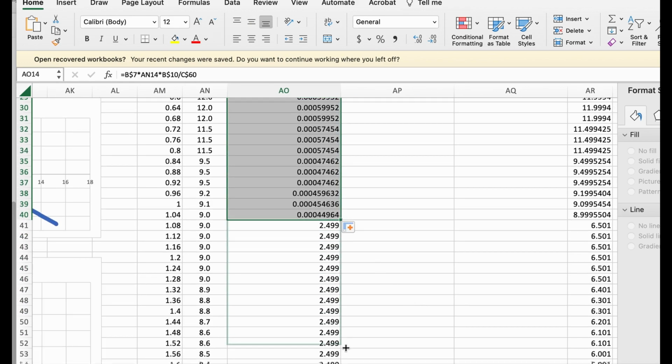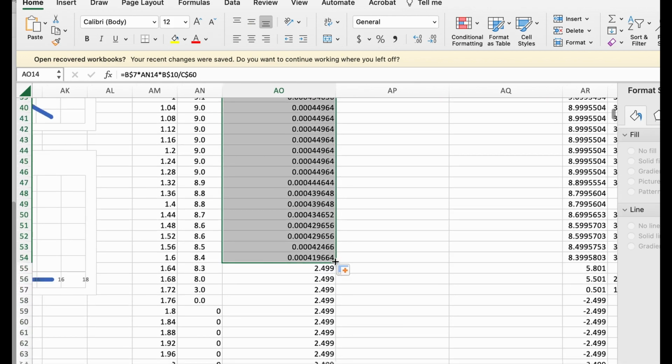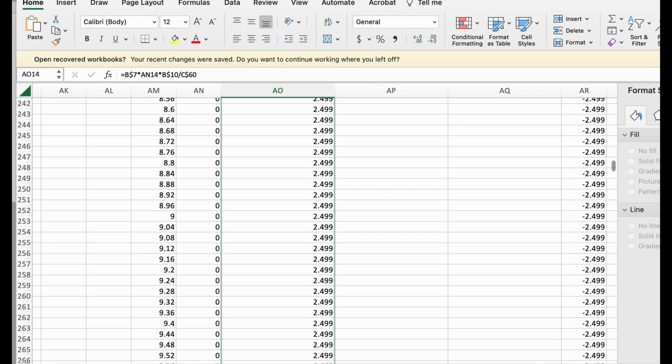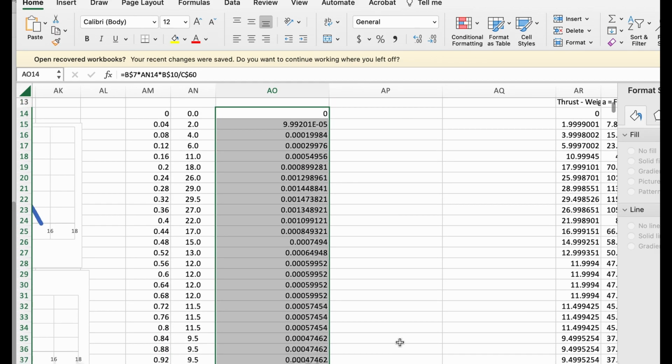Now it's going to give us just a little bit of mass lost each step until eventually you stop losing mass.